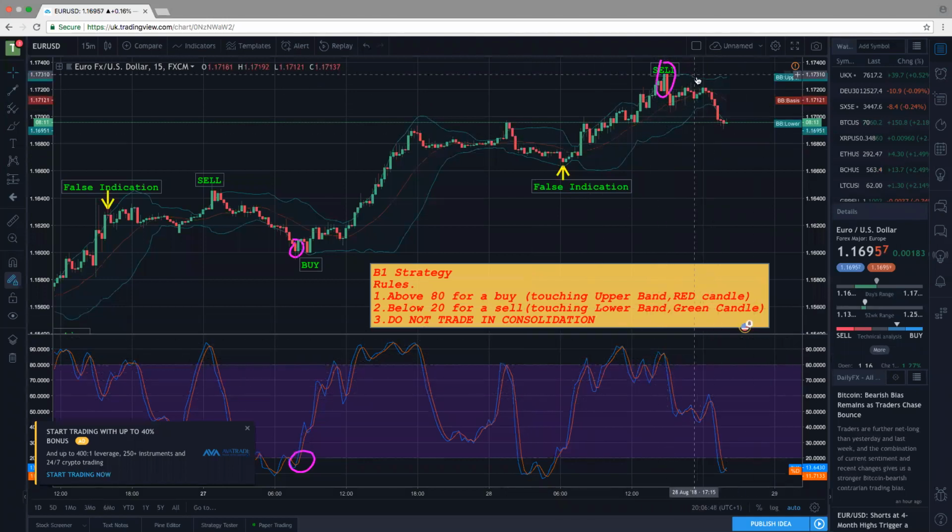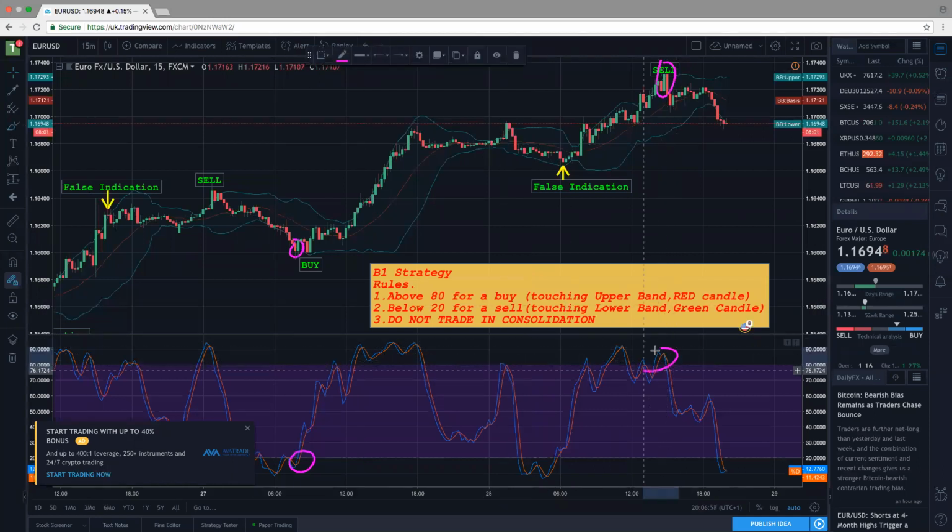So when it's a sell, we want the red candle to be touching the top Bollinger Band, and we want it to be overbought on the stochastic, basically above 80, for a good indication that it's a sell. This trade, if you took it using this strategy, you'd have hit take profit. So that's how you identify a sell.